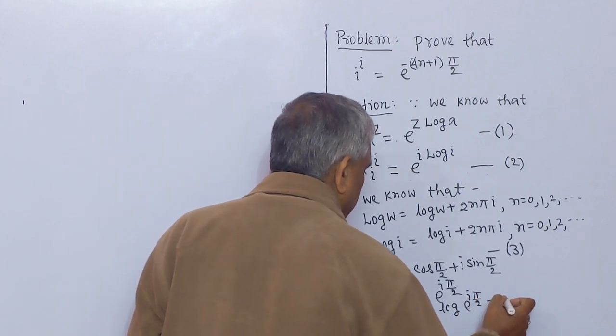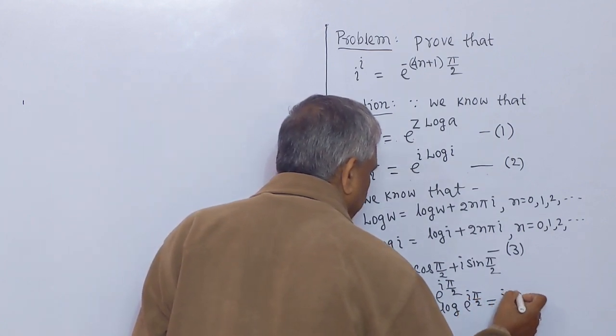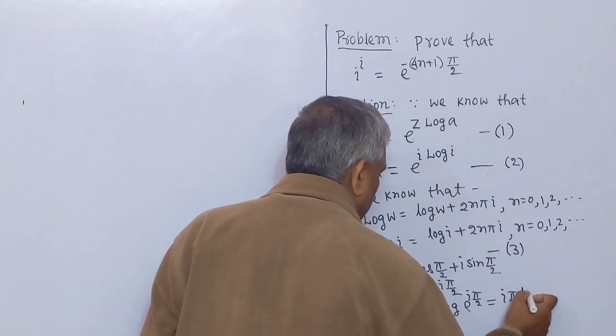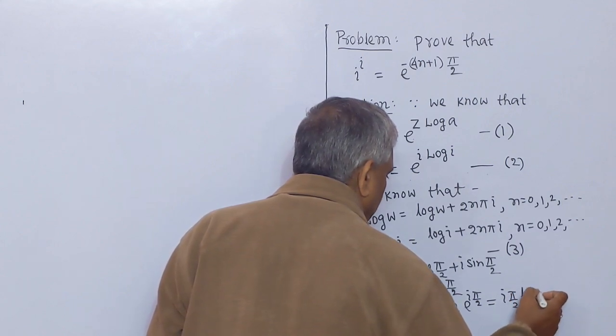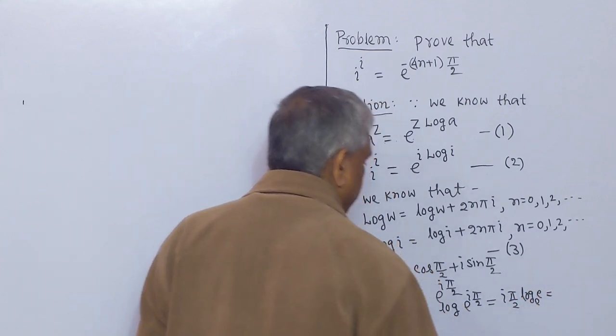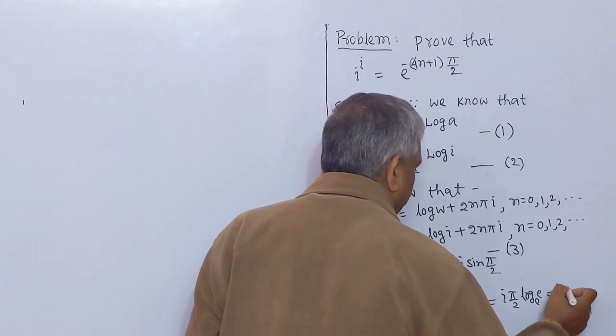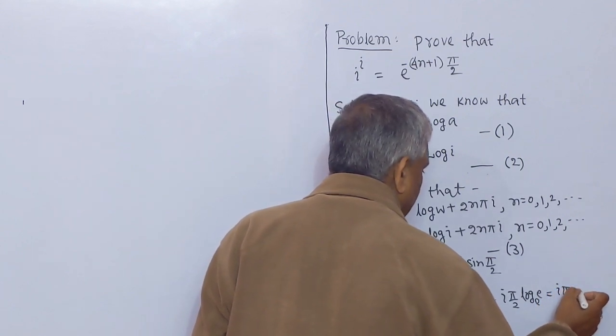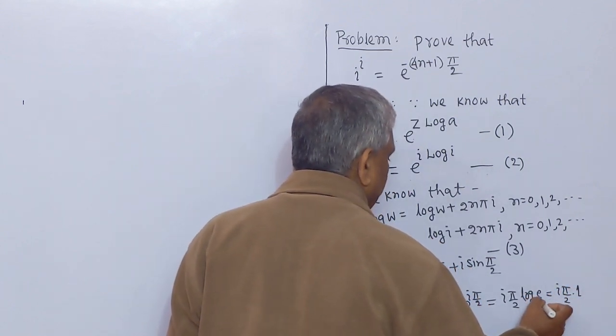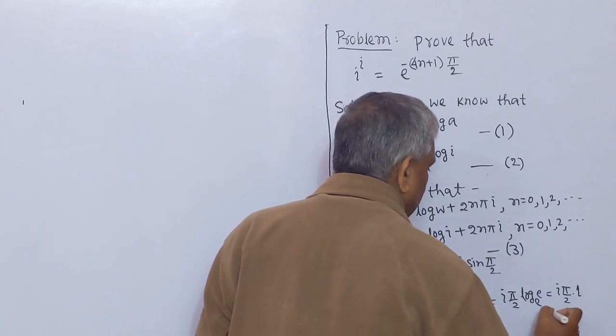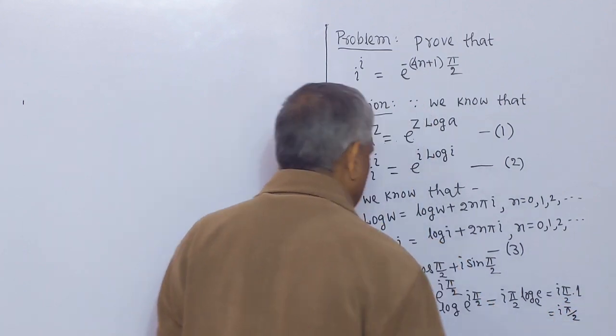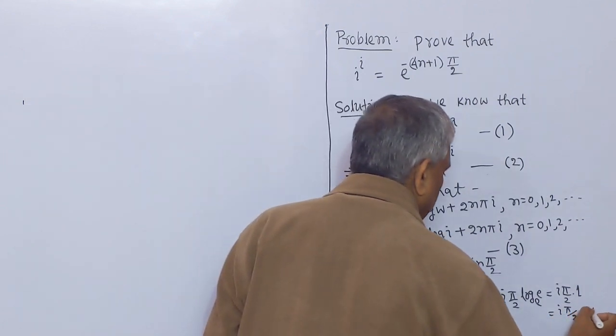This is equal to i pi/2 times log base e, which is i pi/2 multiplied by 1, since log base e is 1, and this is equal to i pi/2. Let this be number 4.